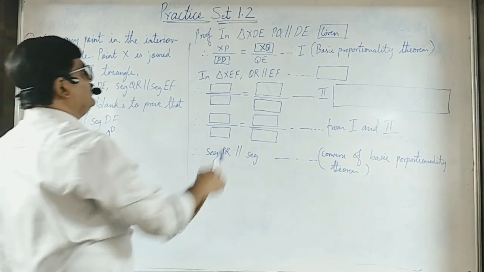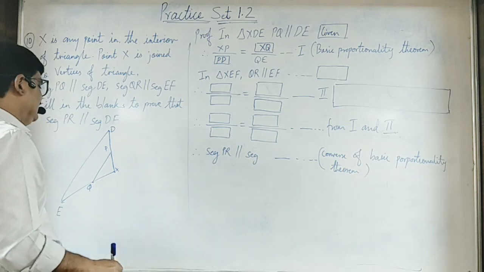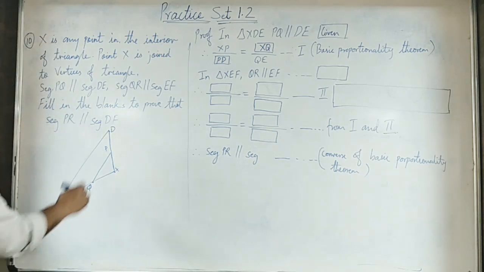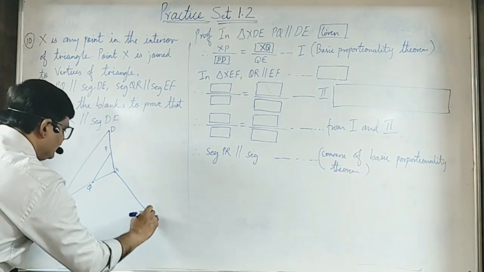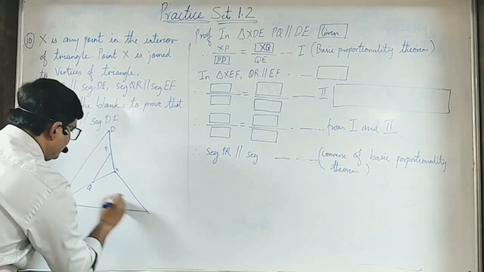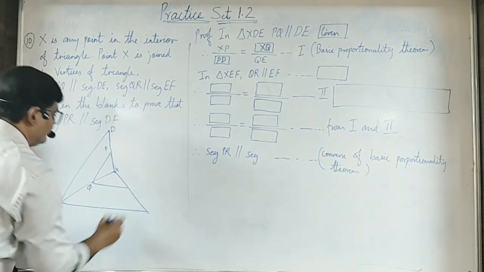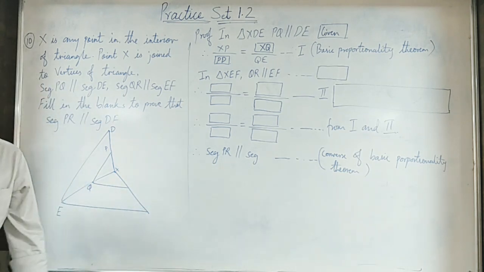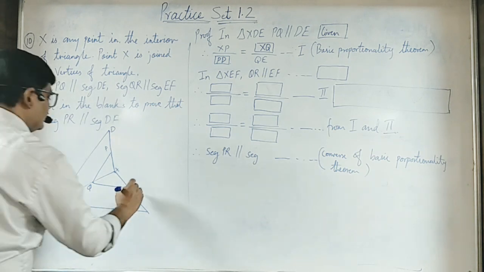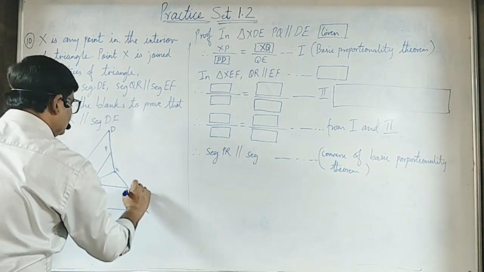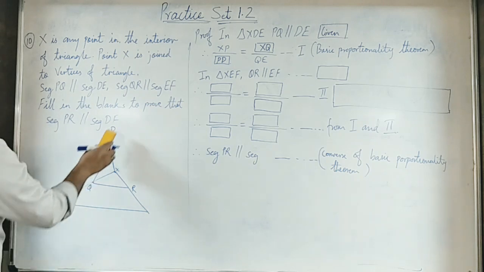Now they told us to go to triangle XEF. So where is that? I think this will be your triangle XEF, and if you check this, there is your R coming up. I'll rub out this part for the time being.